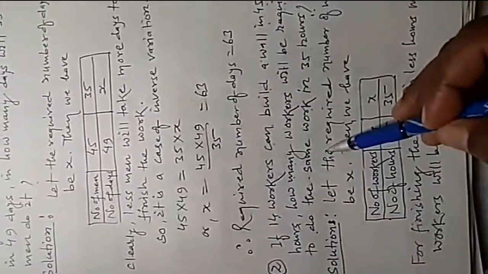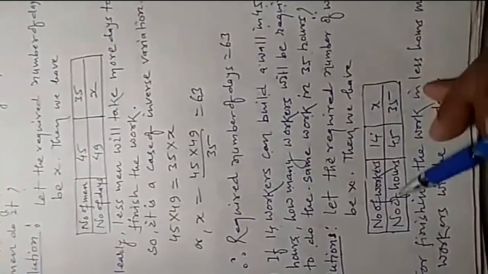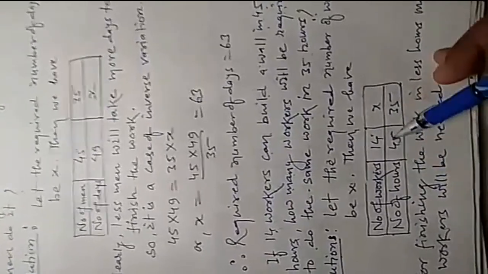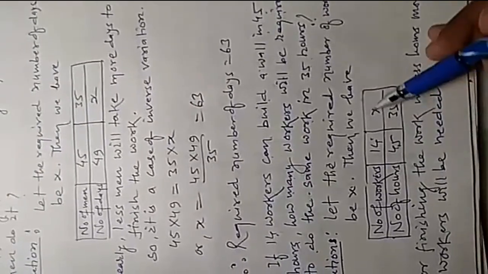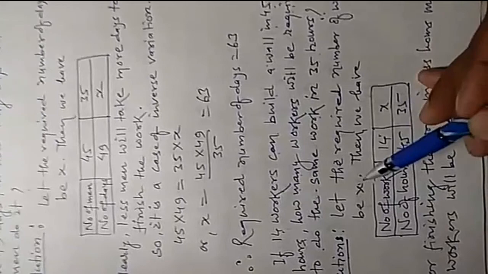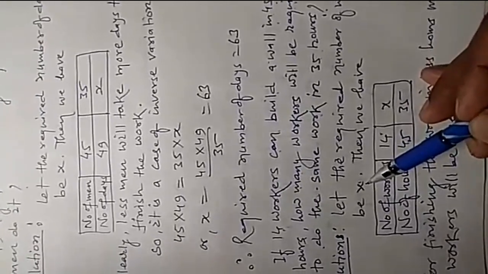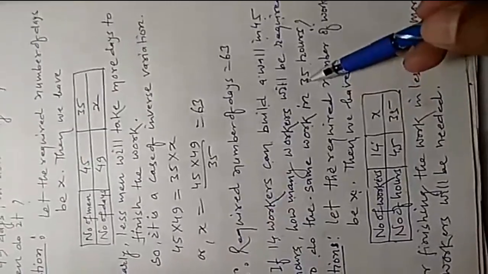Solution is here. Let the required number of workers be x. Then in the given table, number of workers is 14 and time taken is 45 hours. Number of workers is x, and time taken is 35 hours.